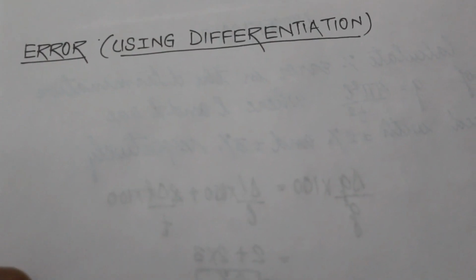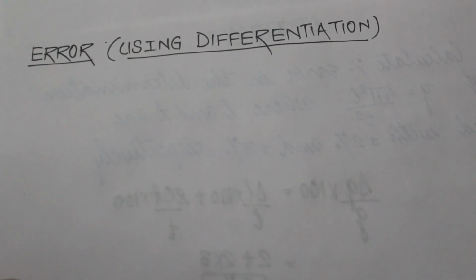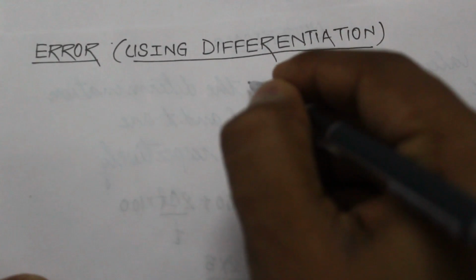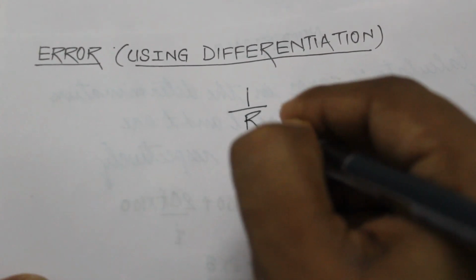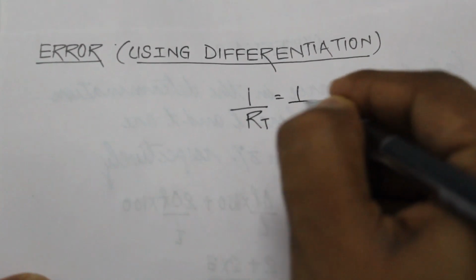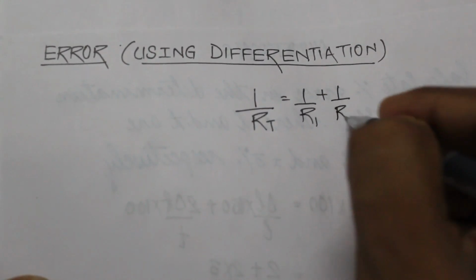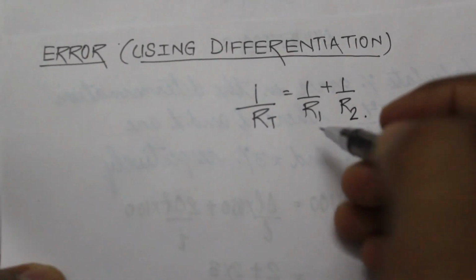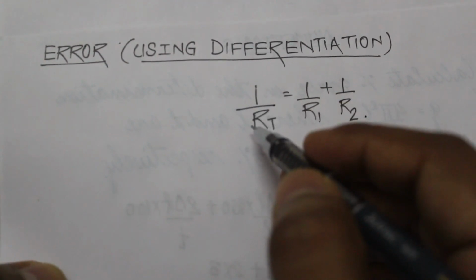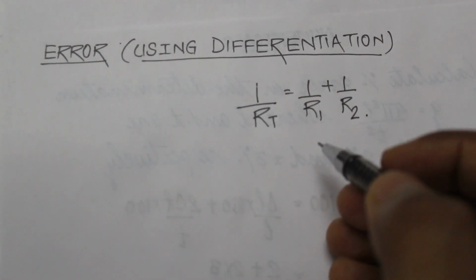Now coming back to this concept of finding error using differentiation, what if you have been asked to find out the error when the resistances are connected in parallel? If you go for the formula, it is very difficult. So I'm giving you a shortcut or a formula using which you can find out error when the resistances are connected in parallel.